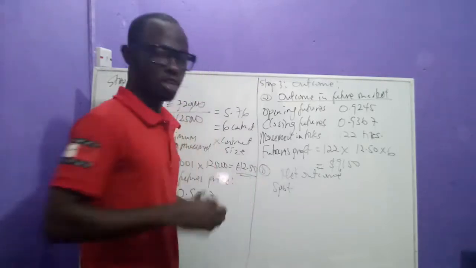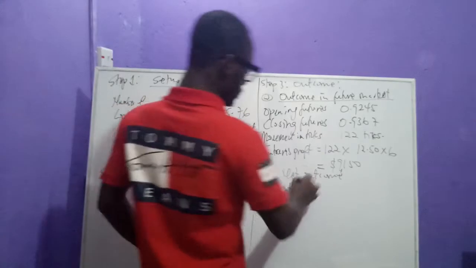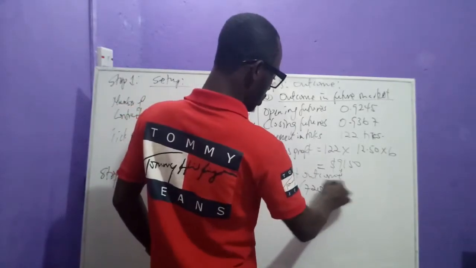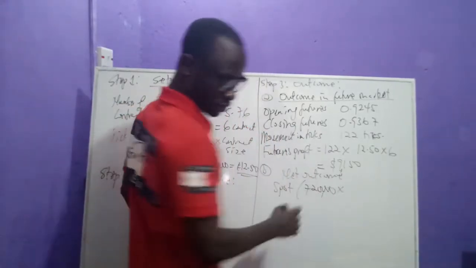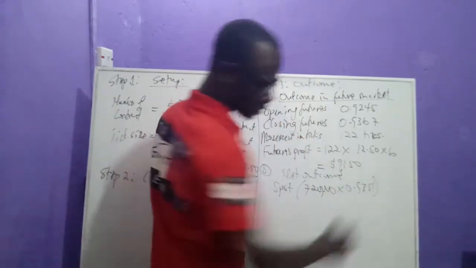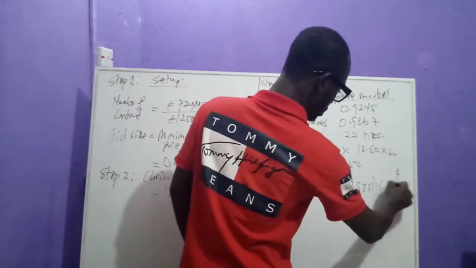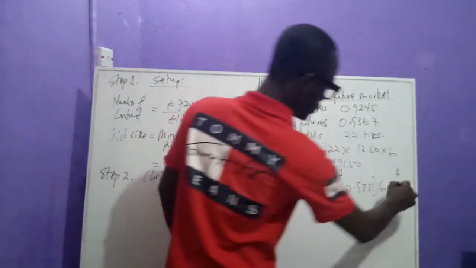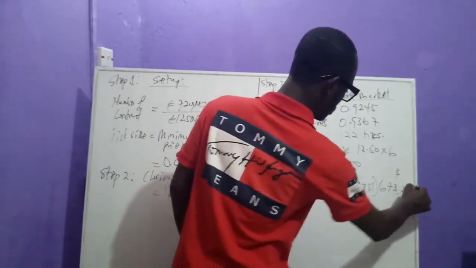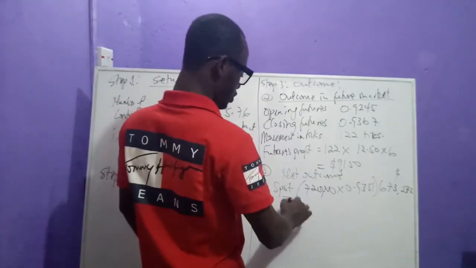So the spot in relation to that will be the $720,000 times 0.9351, and that gives us a total of 673,272.